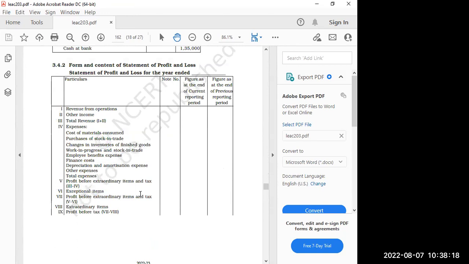Statement of profit and loss account of so and so company for the year ended. Balance sheet you have to write as on a particular date. For P&L account you have to write for the year ended. Profit and loss account is for the period. Balance sheet is for a particular date.